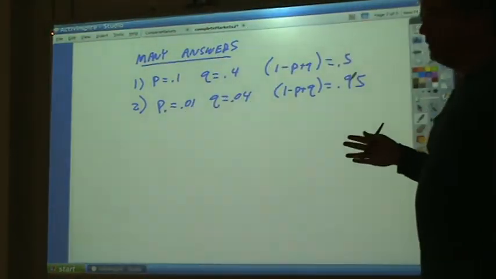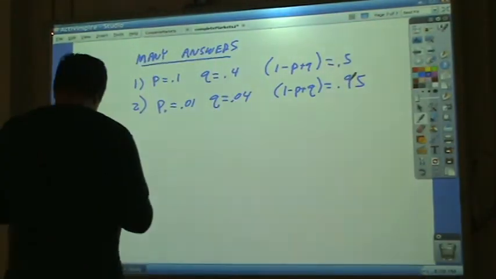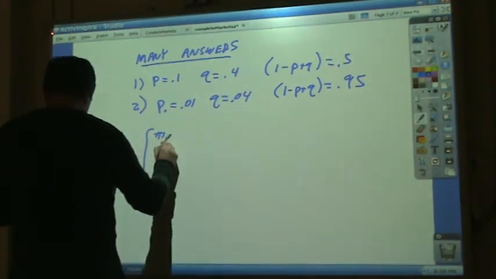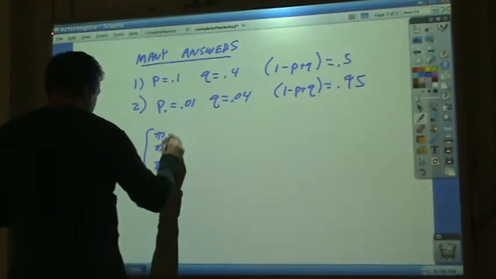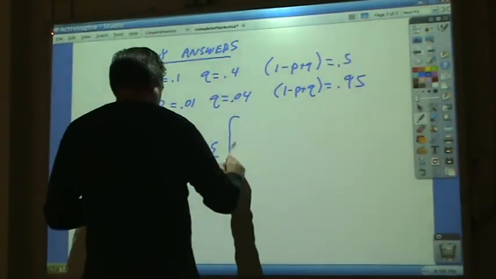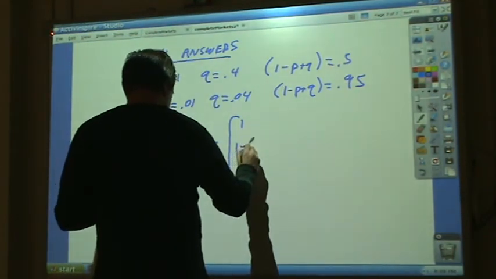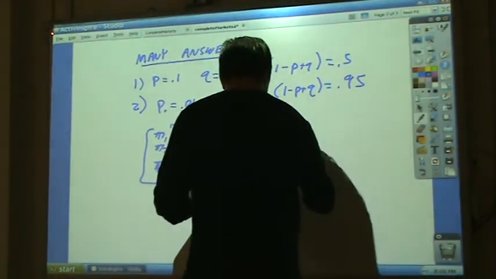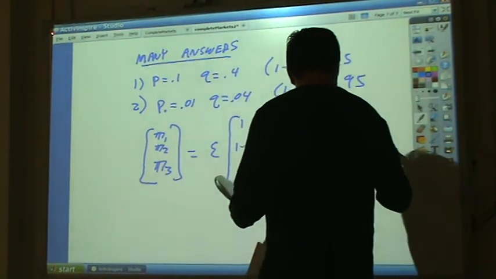That would also make it a martingale. So there's actually a collection of answers, and the way to say it would be the vector pi 1, pi 2, pi 3 equals epsilon times (1, 4, and 1 minus 5 epsilon), for epsilon between 0 and 0.2.